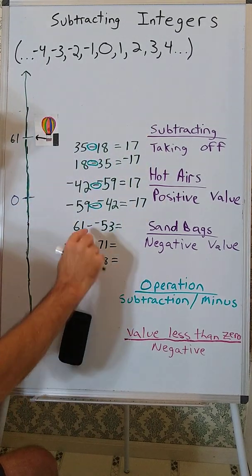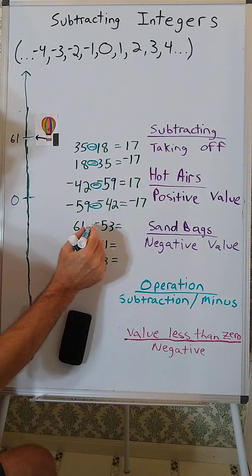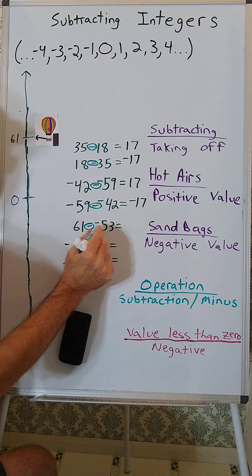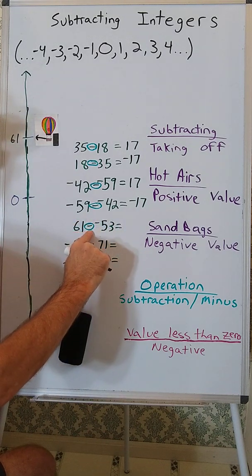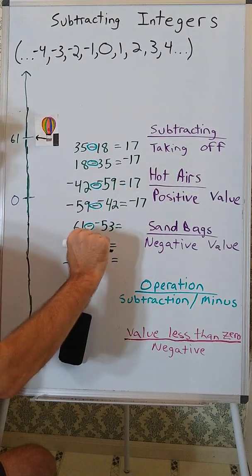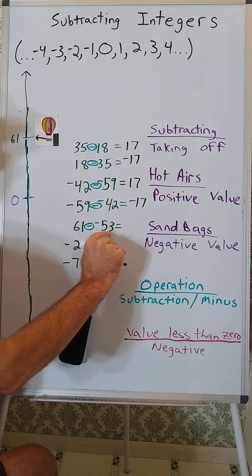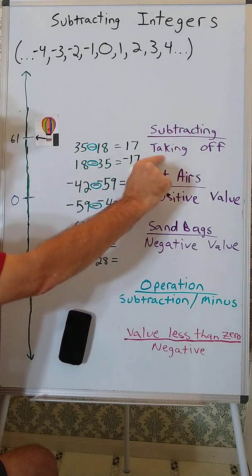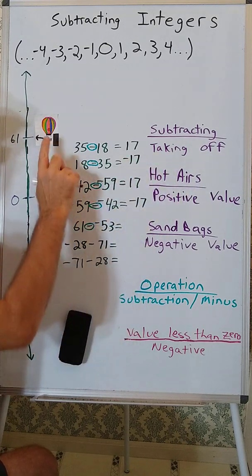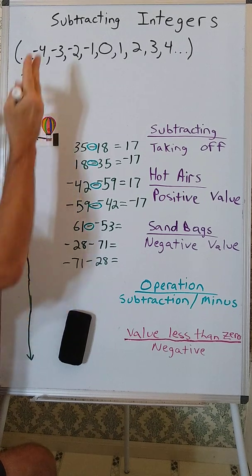And what are we doing? Minus negative 53. So that means we are taking off, or subtracting, 53, and it's negative, so 53 sandbags. What happens when you take off sandbags? The balloon gets lighter and goes up.